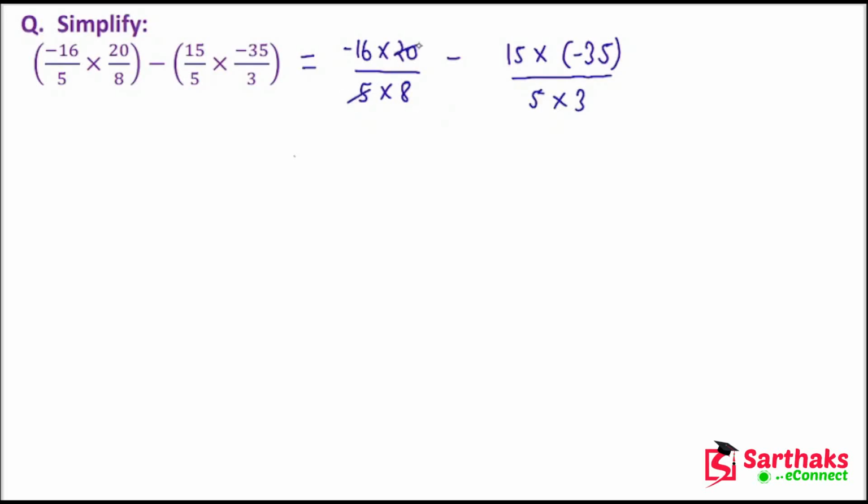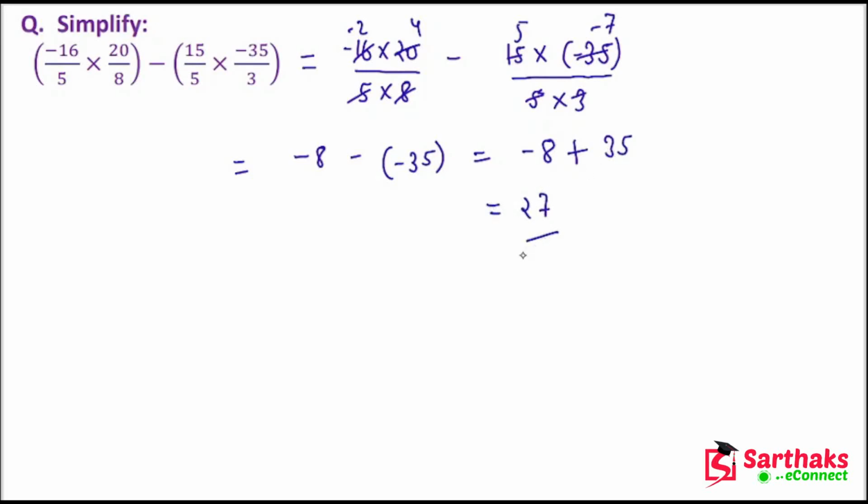So we can cancel out 20 by 4 times, and we can cancel out 16 by 2 times. Similarly, we can cancel out minus 35 by minus 7 times, and we can cancel out 15 by 5 times, because 3 into 5 equals to 15. So we will get here minus 8 minus 7 into minus 7, 5 into minus 7 equals to minus 35. So you will get minus 8 plus 35, which is equals to 27.